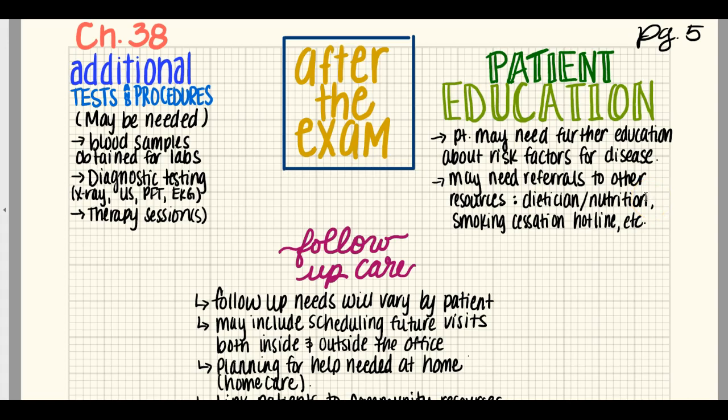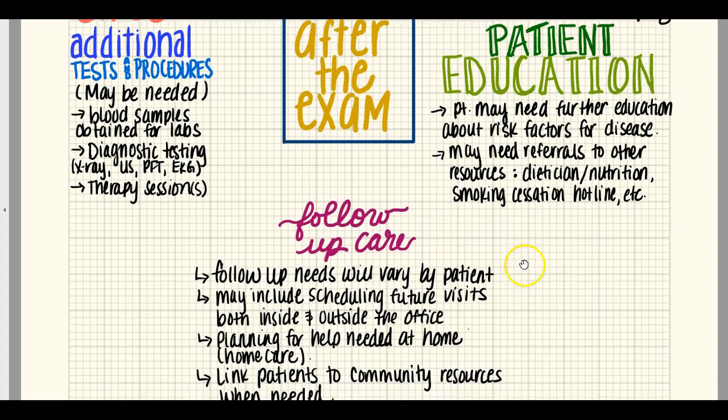They may also need referrals to other resources. For instance, if a patient is newly diagnosed as diabetic during their general exam, then they may need referrals to a dietitian or nutritionist, smoking cessation hotline, or things like that.